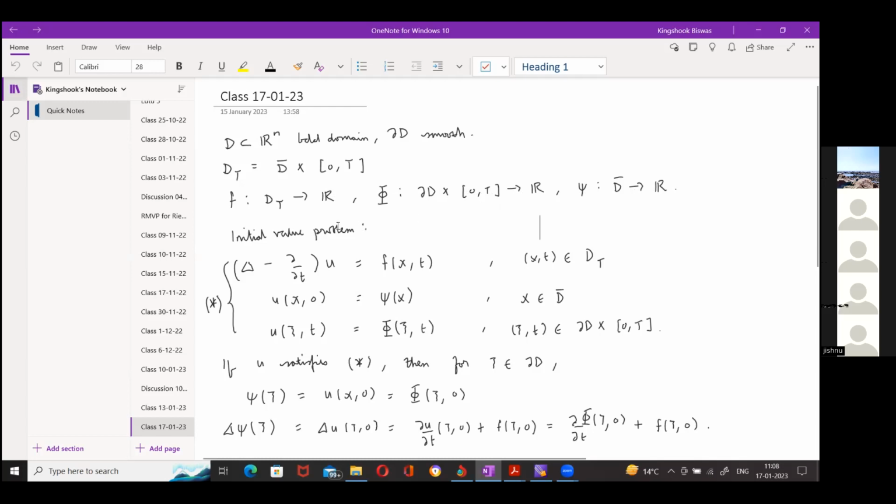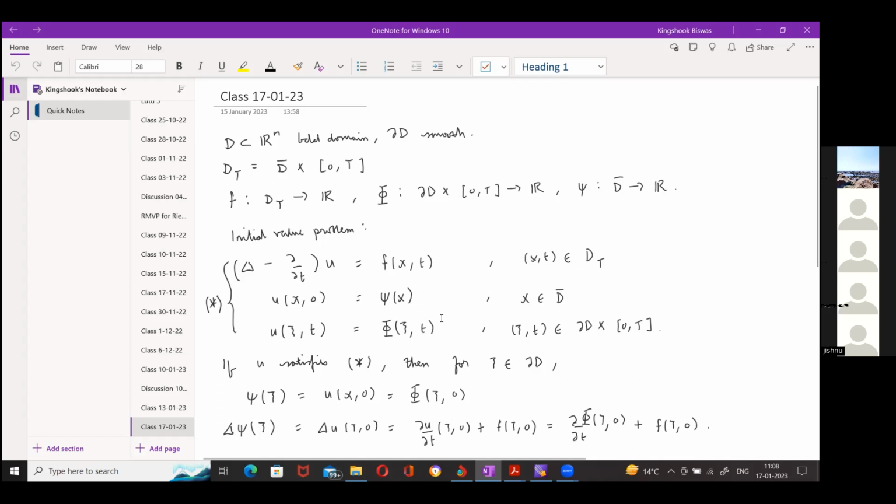So the initial value problem for the heat equation is the following problem: the heat operator, Laplacian minus del/del t, applied to u is equal to f of (x,t), for (x,t) in the cylinder. And the initial condition is, at time 0, u of (x,0) is equal to the function psi of x, for x in D closure.